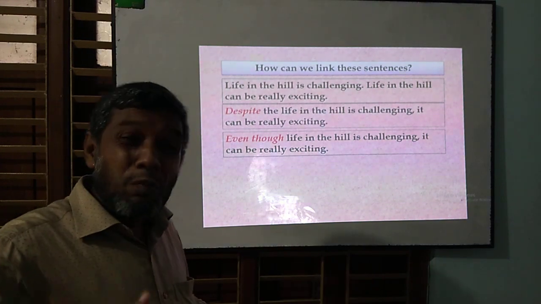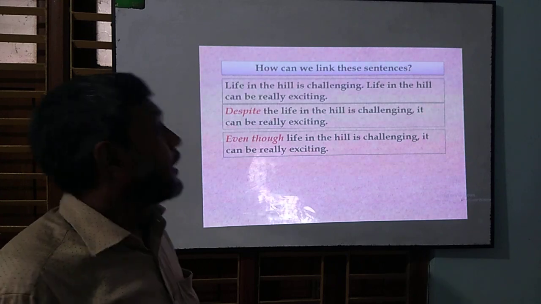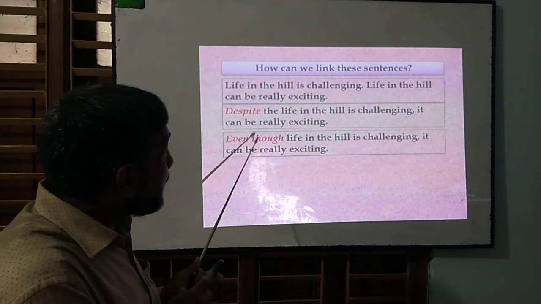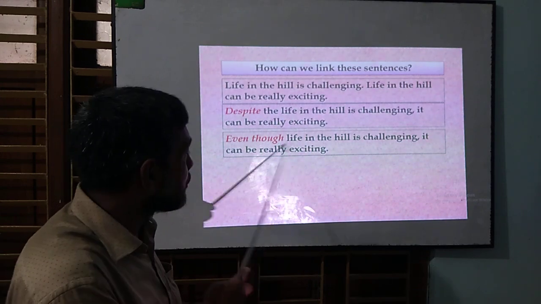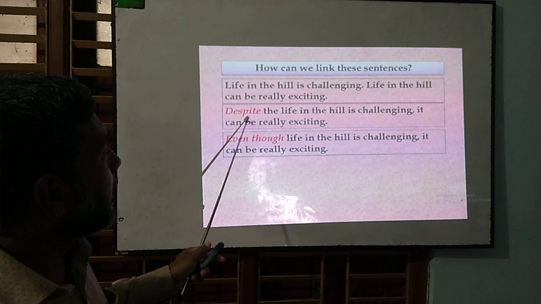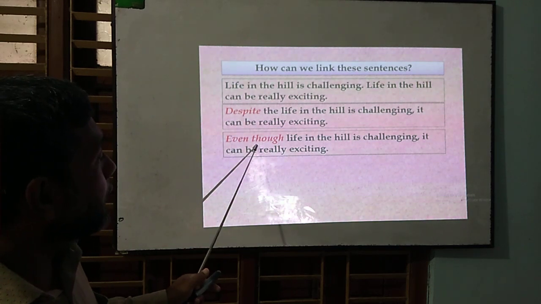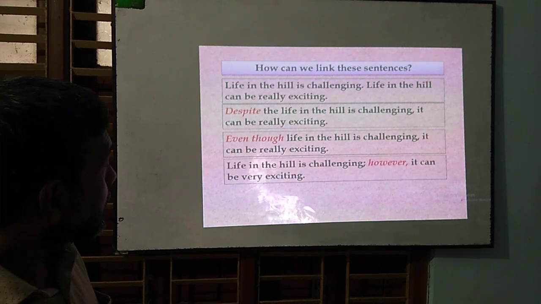If you show the real relation between these 2 sentences, then your answer will be right. So one may write despite, another may use even though, and connect 2 sentences together.